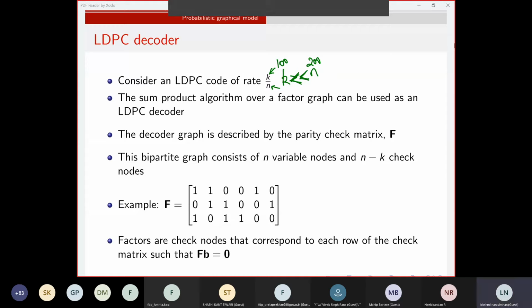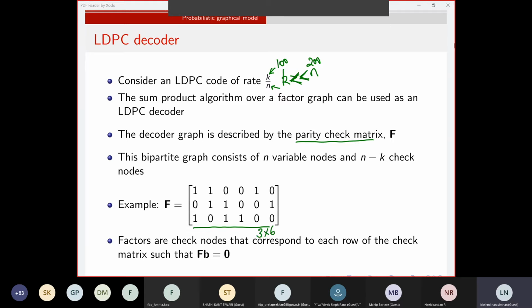Now we can represent this coding process using a factor graph, and that factor graph is constructed using what is known as the parity check matrix. The parity check matrix is a property of an LDPC code. Each encoder has an associated parity check matrix that says how the codes are constructed. For example, in this case the dimension of the matrix is 3 cross 6.